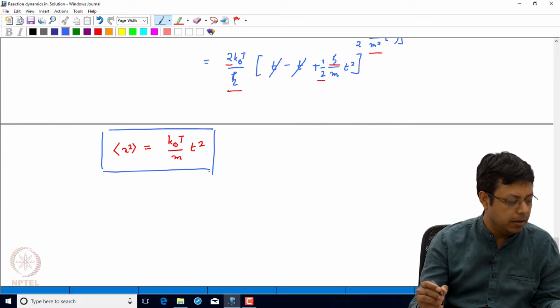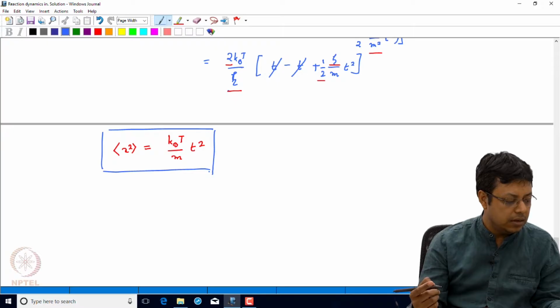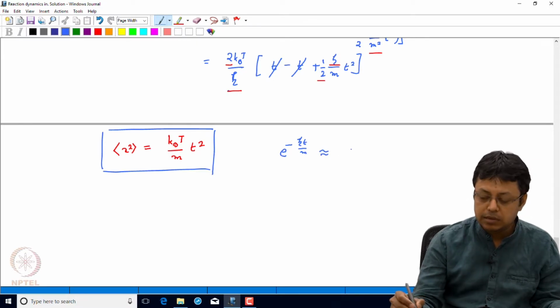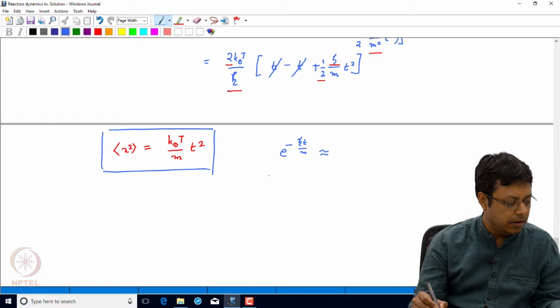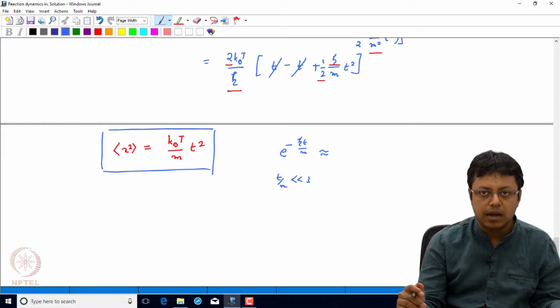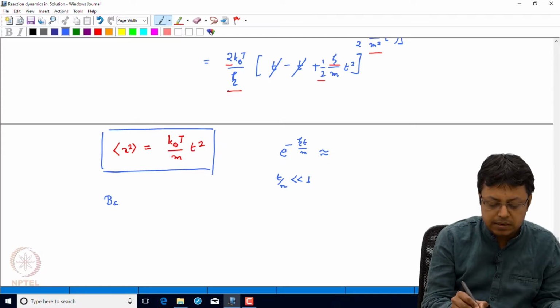If you remember, when we made this approximation, we took the 3 terms of e to the power minus zeta t by m, and these 3 terms mean that zeta t by m is much less than 1, when m is large or time is very small. So in that limit, when t is going to 0, we have the mean square displacement going as t squared. So this regime is known as the ballistic regime.